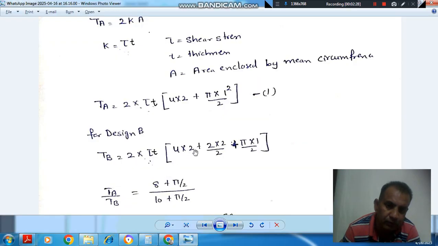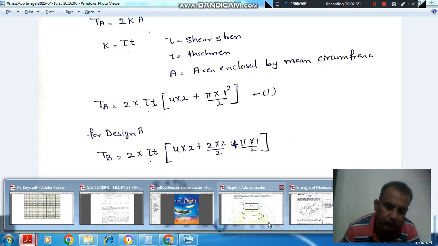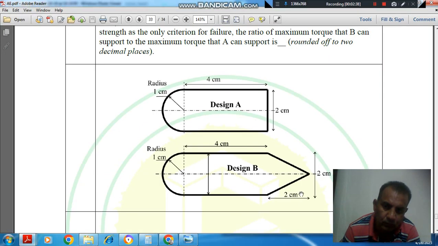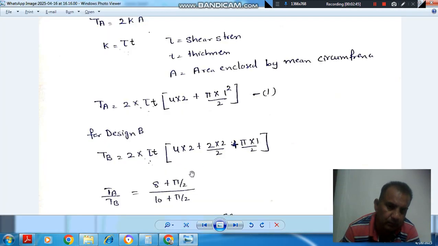That is 4 into 2, which is the same, and pi r square by 2, which is the same. The extra thing is the triangle. The height of the triangle is 2 and the base of the triangle is also 2, so it is 2 into 2 by 2.